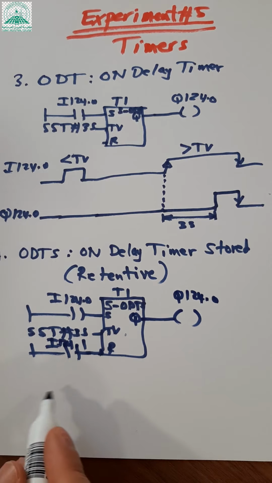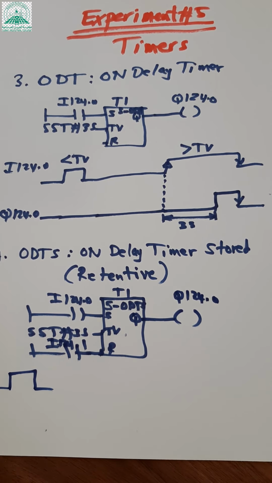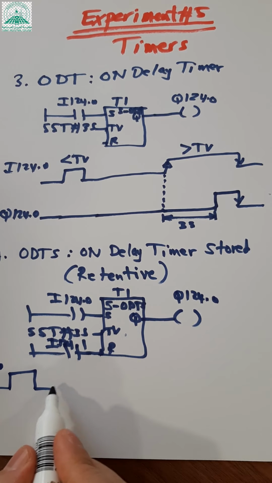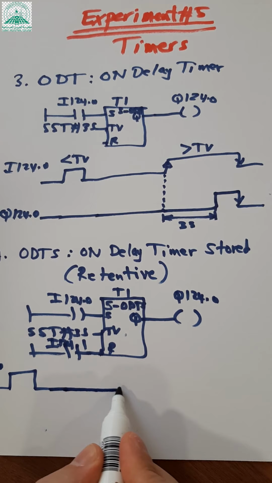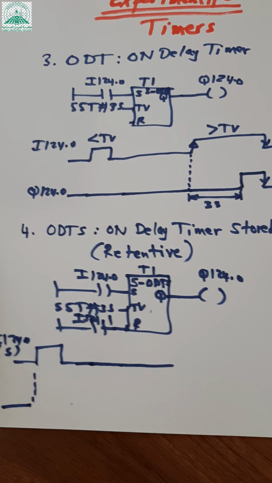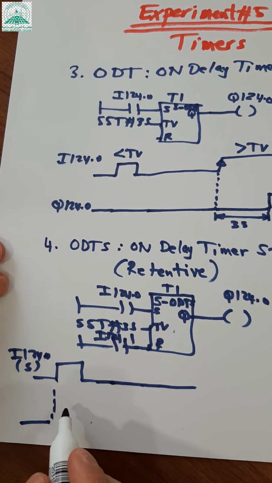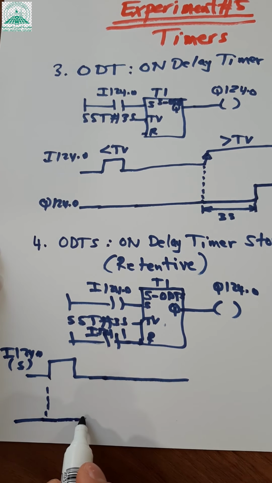So again, if we have a short pulse here for the input I124.0, which is the same as S, like this, then the output starts from here and continues after 3 seconds.